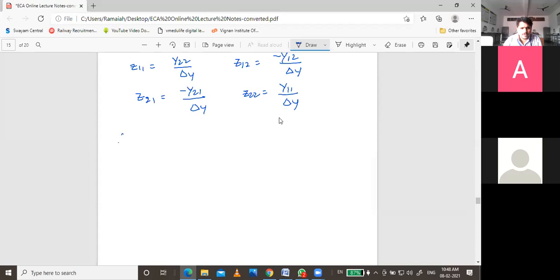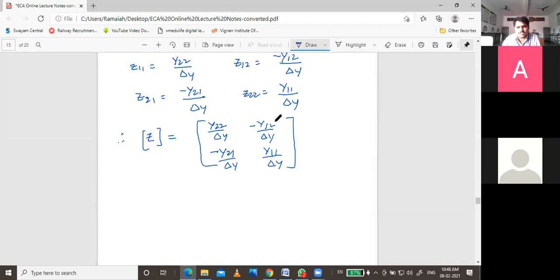So therefore, z parameters equal to y22 by delta y, minus y12 by delta y, minus y21 by delta y, y11 by delta y. So these are the z parameters, the interrelationship between the z parameters and y parameters.